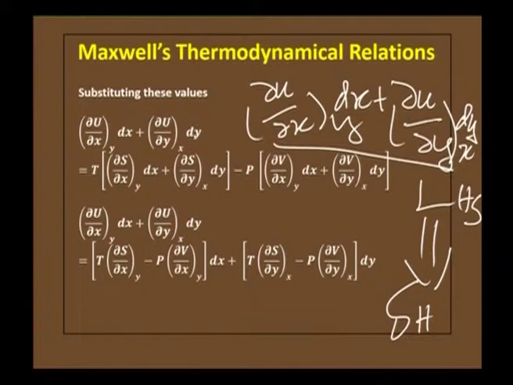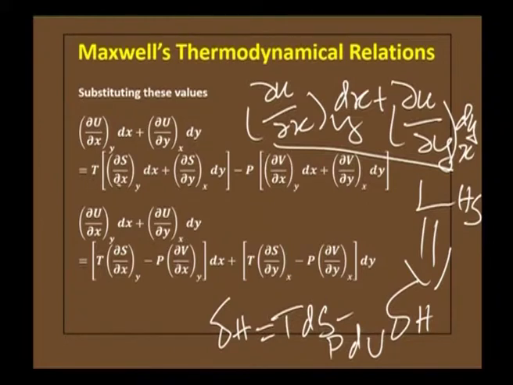And since delta h is equal to T into ds minus P into dv, keeping T as a constant, the value of ds we have estimated as ∂s/∂x at constant y with respect to dx plus ∂s/∂y at constant x with respect to dy, minus P, the P term is retained here.